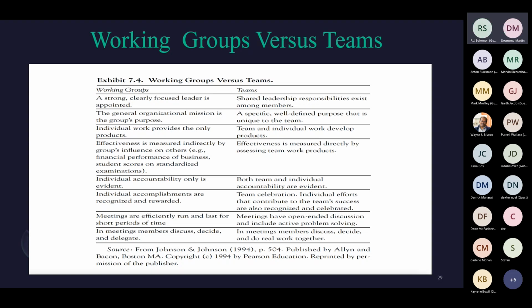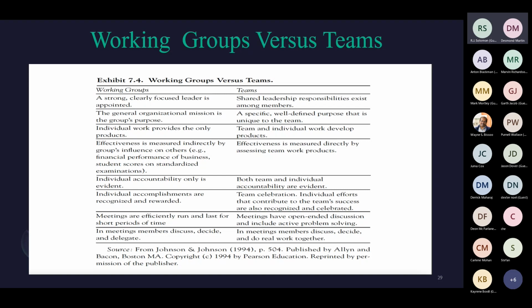In the group, as the video stated, you would have a strong, clearly focused leader that would be appointed. Whereas in a team, the responsibilities of leadership are shared amongst the members. The general organizational mission is the group's purpose, whereas in a team, there is a specific well-defined purpose that is unique to the team, meaning they have a specific goal to achieve, not the whole organizational mission.